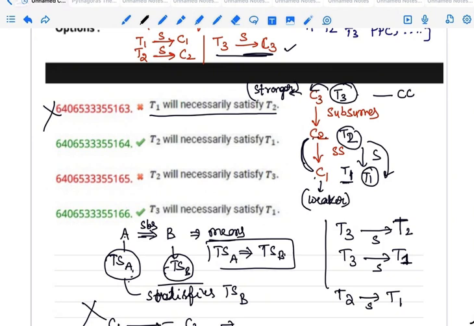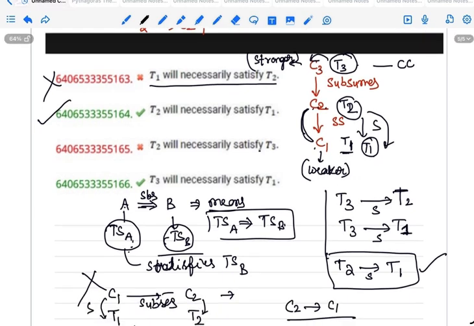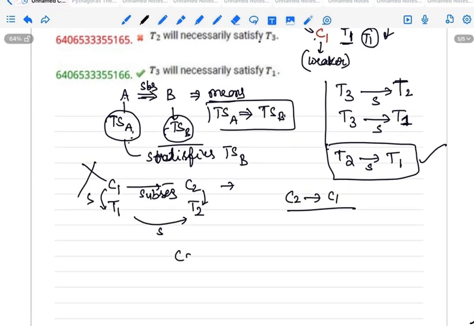T2 will necessarily satisfy T1, this is correct. C2 is stronger than C1, so this option is correct. C2 does not subsume C3; C3 subsumes C2. Please don't confuse: C3 subsumes C2, which subsumes C1, that is T3, T2 and T1.